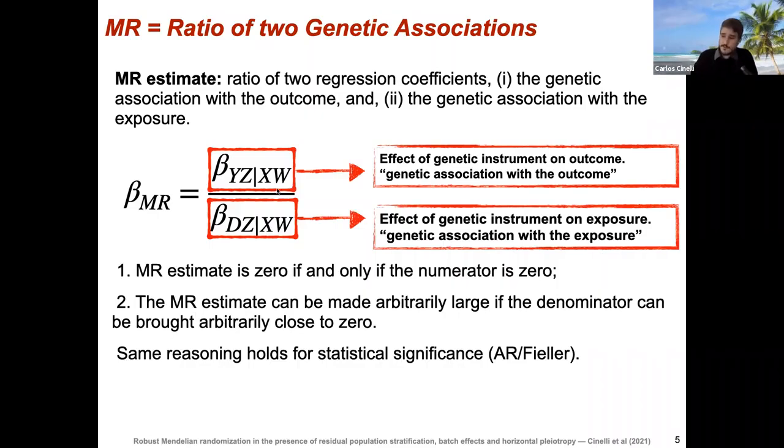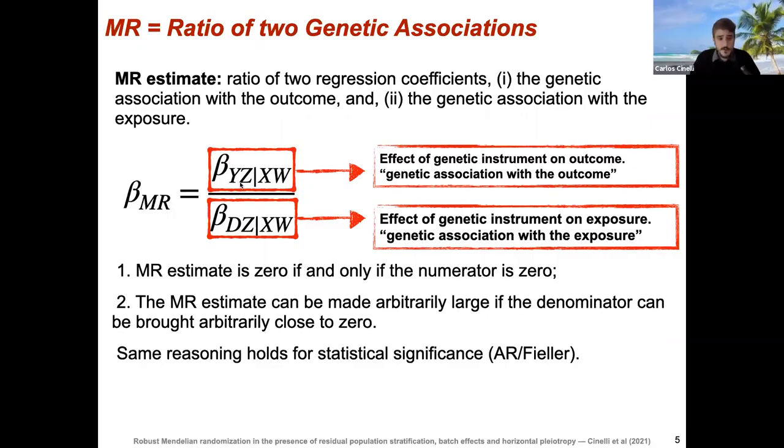This is true for the estimand and also for the estimate itself in finite samples, of course, because the traditional MR estimate is going to be either a two-stage least squares or indirect least squares estimate, which is basically a plug-in estimator where you plug the regression coefficients into the ratio.